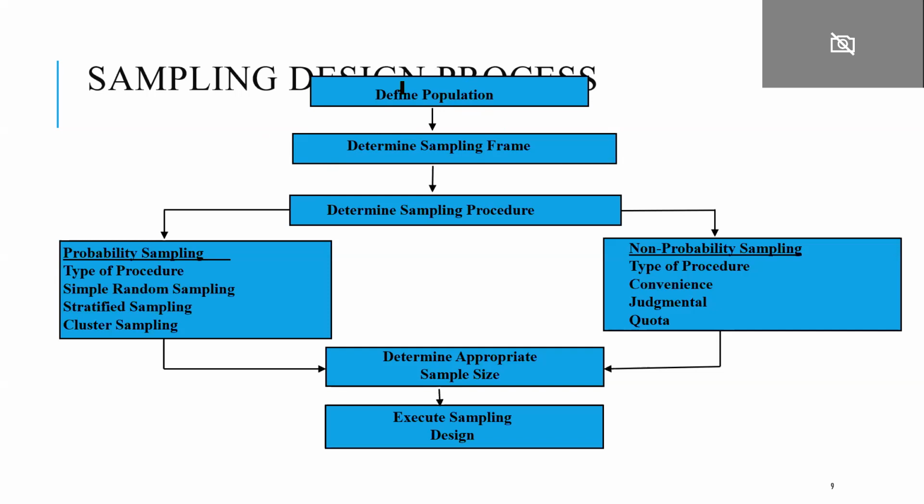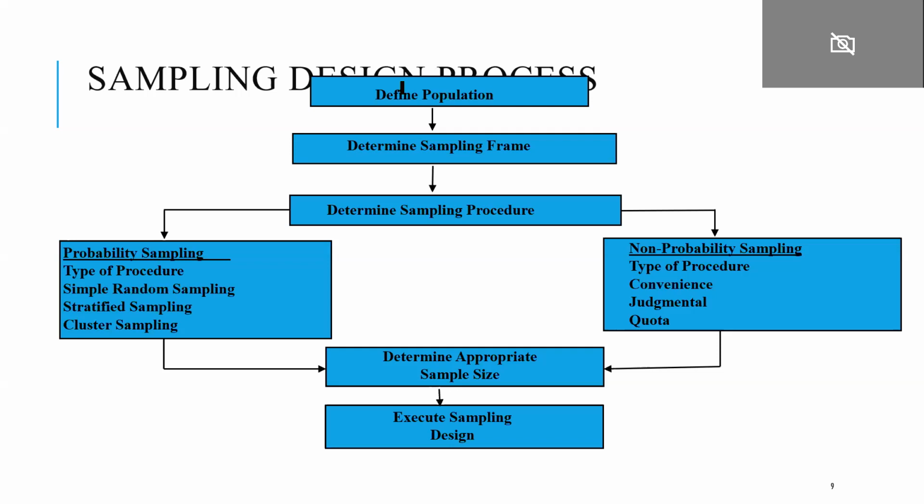So in that case, all the individuals who are below 18 years are considered as your population. Now, the second thing is determining the sampling frame. You will write the name of each element of the population, meaning you will write some information about each adolescent who is below 18 years.